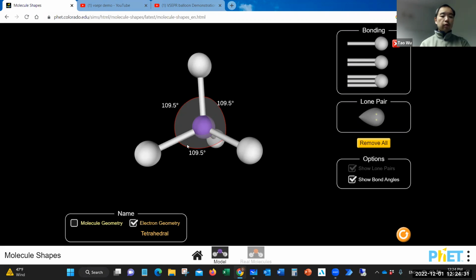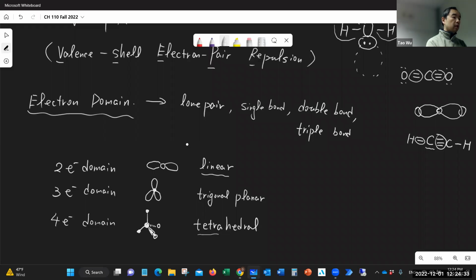But the bond angle for the linear shape is 180. For trigonal planar, the bond angle is 120. And tetrahedral has a 109.5 bond angle.